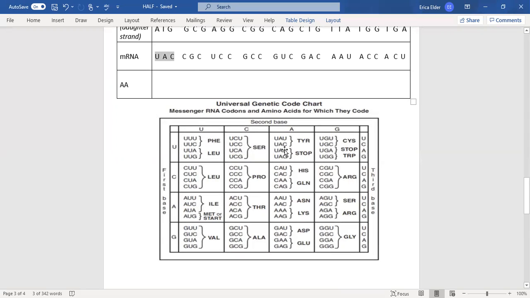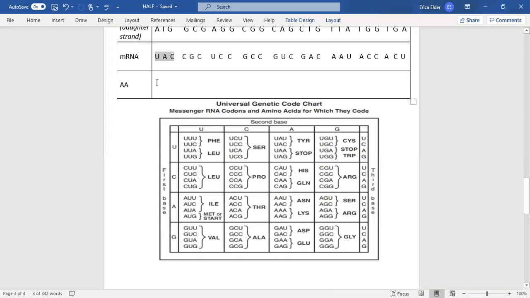And then we're able to see here that on the far right, the letter C is going to be right here. So UAC is going to code for the amino acid TYR. So we would place that in our amino acid chain and look to the next codon and see what it is going to be coding for.